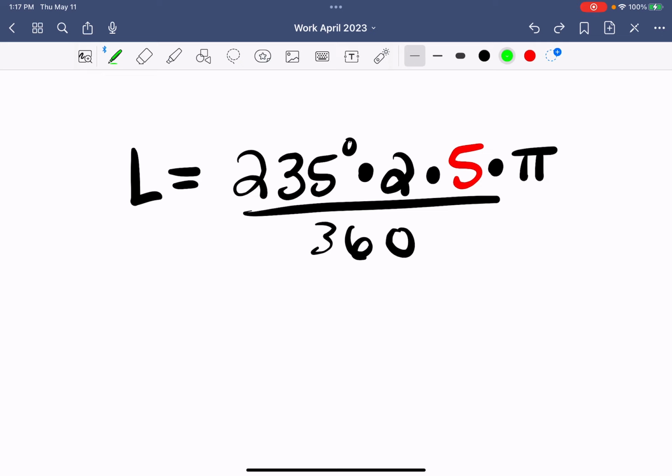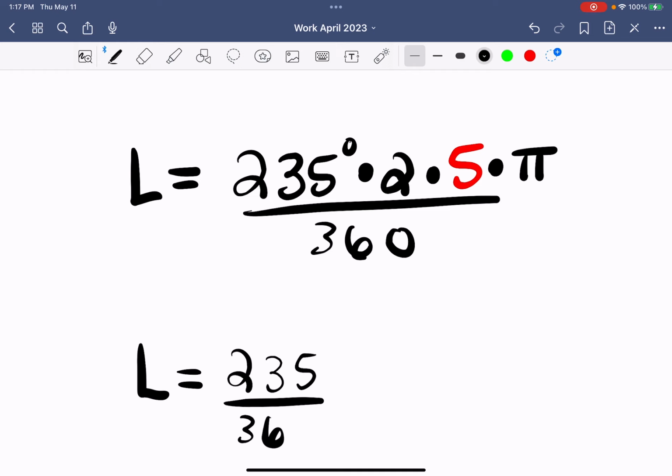So the green button, the one next to it, alpha, and then the button right next to it, 235 times 2 times 5 divided by 360. And you should get a big fraction, 235 over 36.